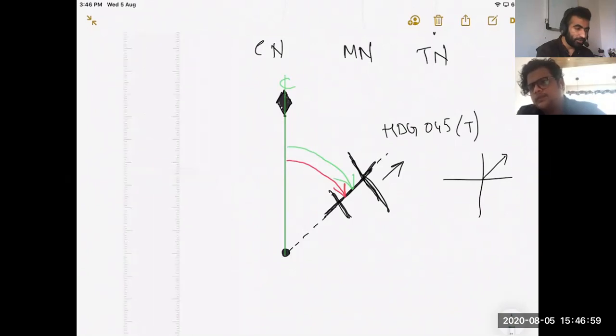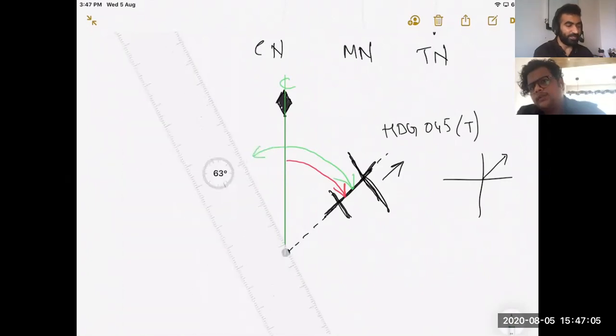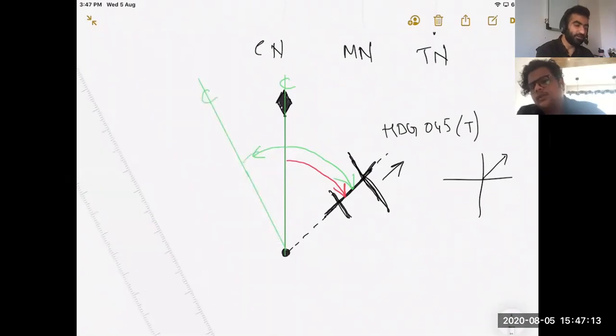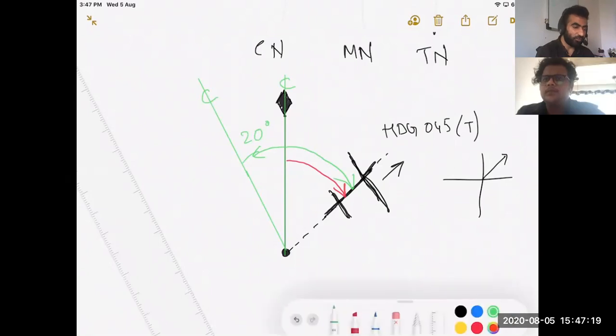So 45 plus 20. Correction, 20. So this becomes your compass north. The arrow will be in the other direction, because angles for directions are always measured clockwise.